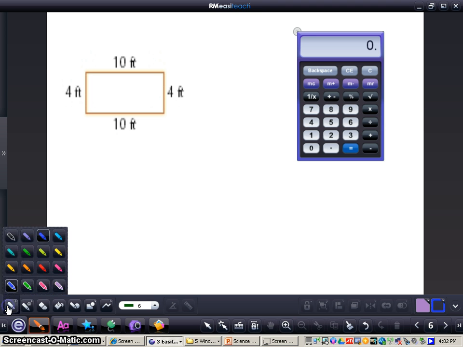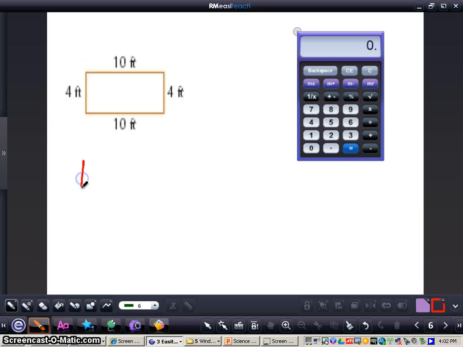Okay, looking at this problem here, what we can do, we can add all the measurements together. We have 10 plus, we'll do the opposite side, 10 plus 4 plus 4. Okay, if I want to do this problem in my head and check it with my calculator, that's completely fine.